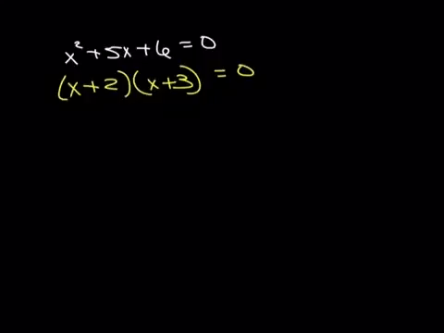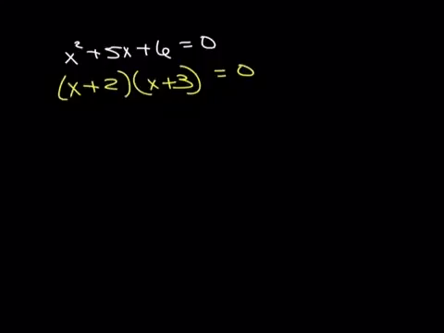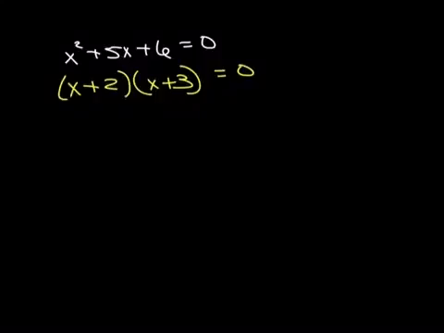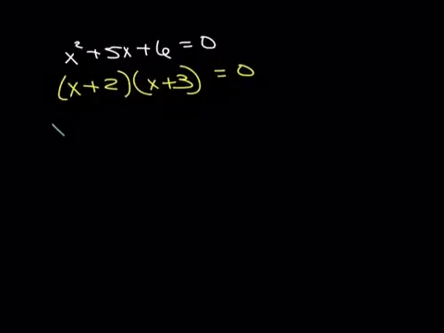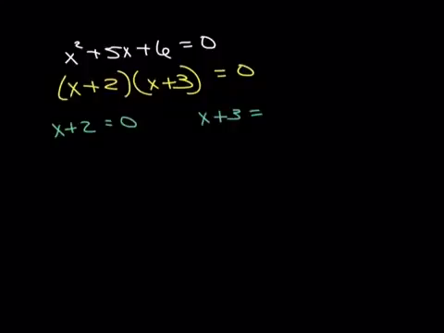Either this group or this group has to be 0, so that when we multiply it, we get 0. So either x plus 2 equals 0, or x plus 3 equals 0.